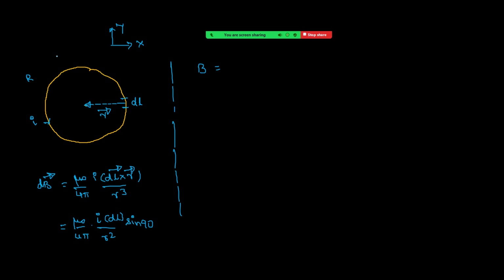Then see what we get. j cap cross minus i cap. We know that i cap cross j cap is k cap. It is now reverse, so minus k cap. And here minus is there. So it is now k cap.